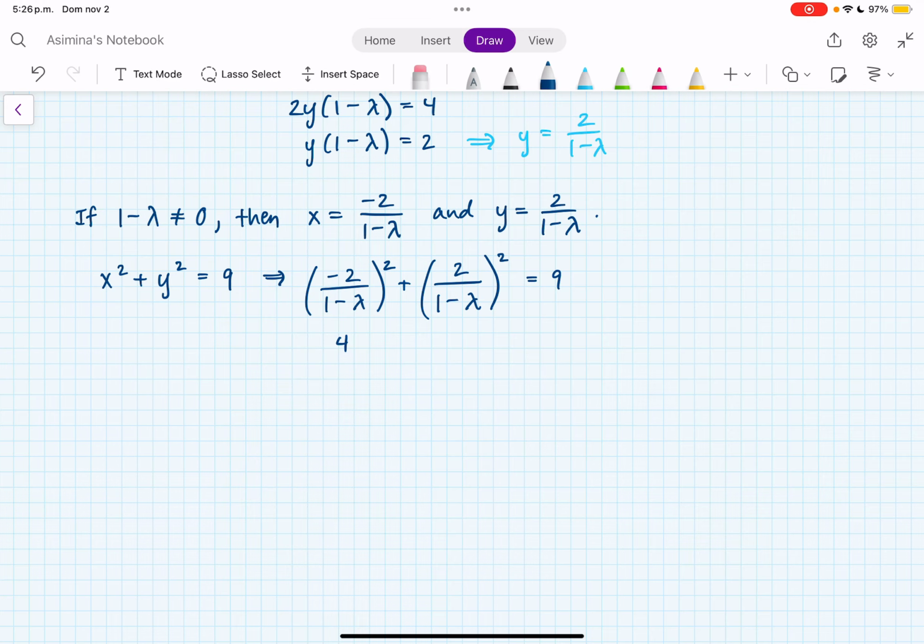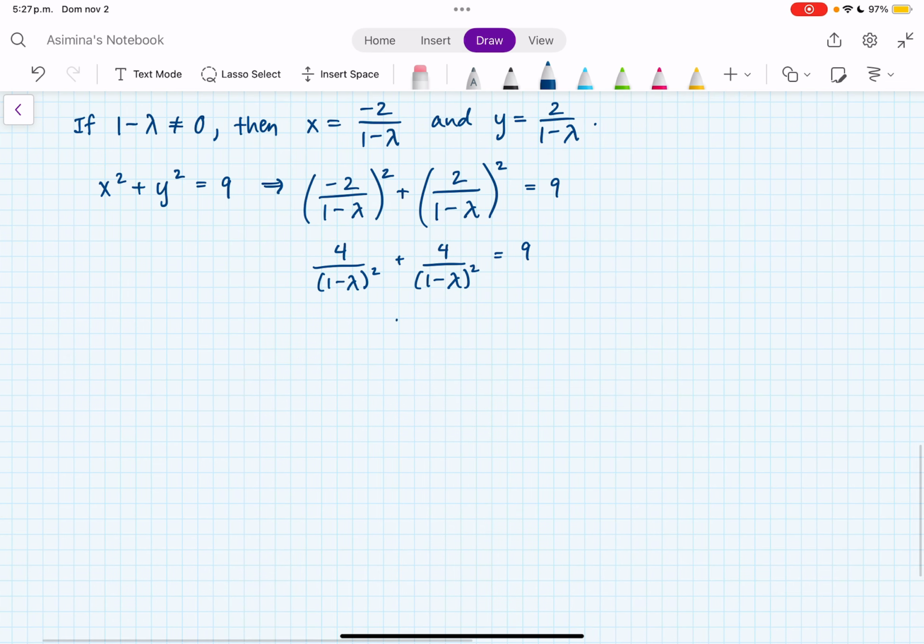So here I have 4 over 1 minus lambda squared plus 4 over 1 minus lambda squared equals 9. So this tells me that 8 over 1 minus lambda squared equals 9.